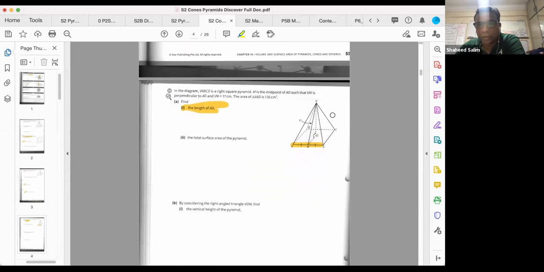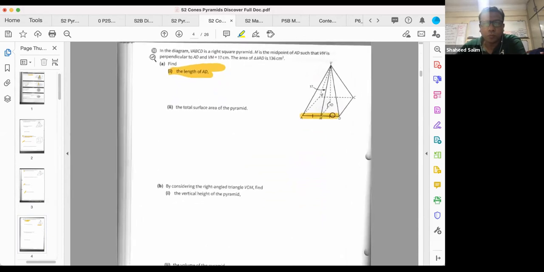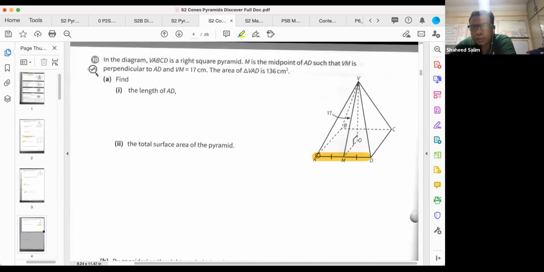Okay, we try this one again. Can you see now? You want to find the bottom side. You've got the slanted height 17.